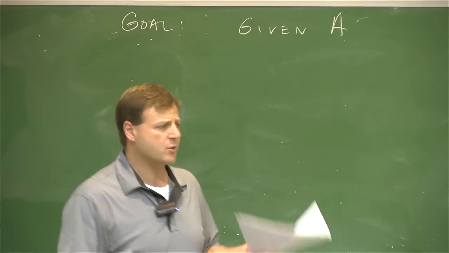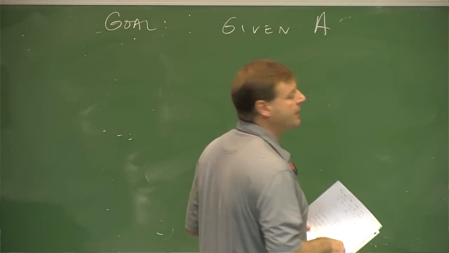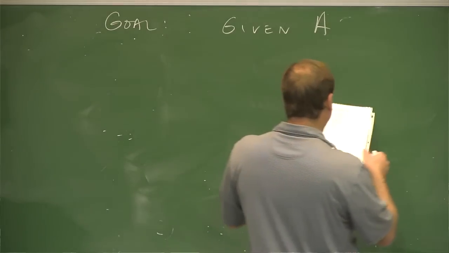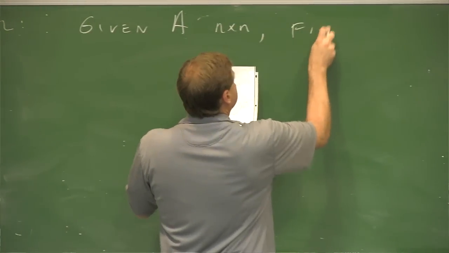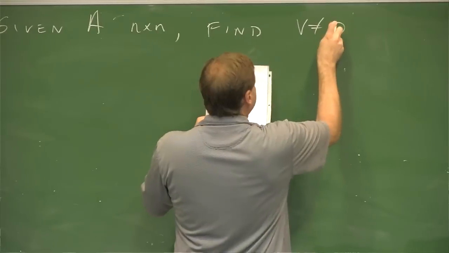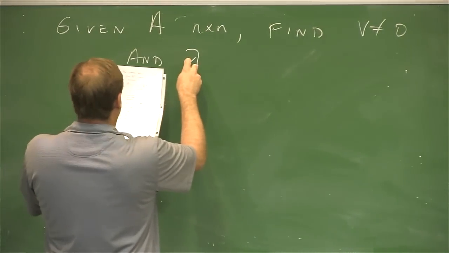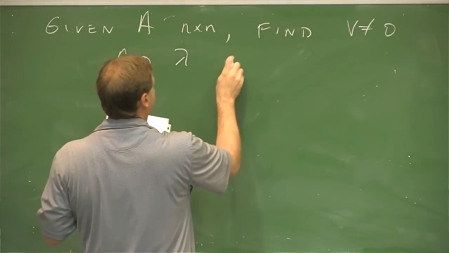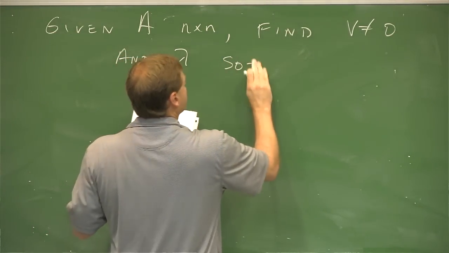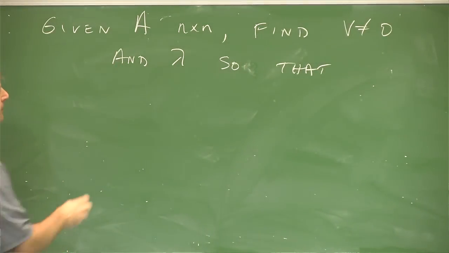In this case, it's always a square matrix. What we do with this problem doesn't apply to non-square matrices. So given A, n by n, find v not equal to 0 and lambda so that what has to happen?